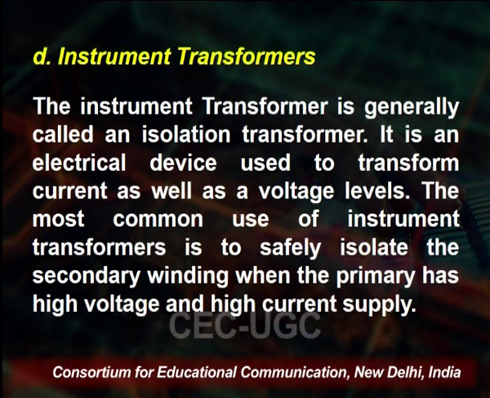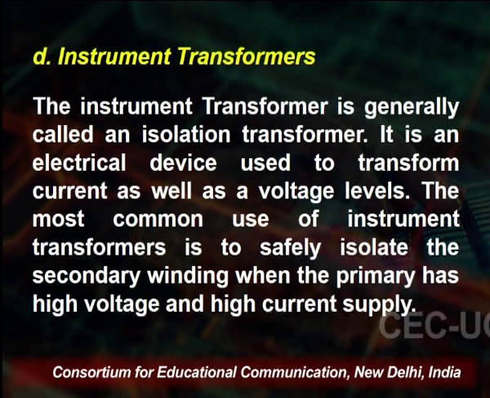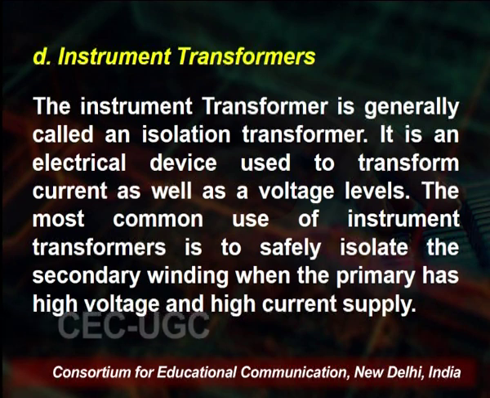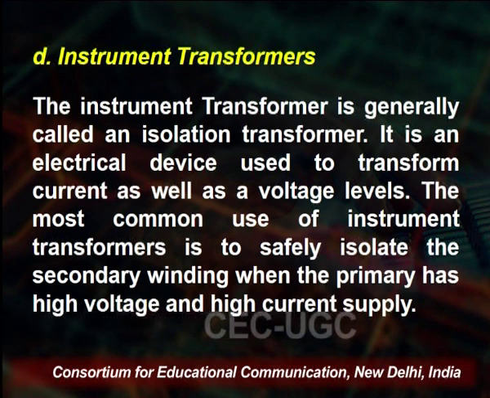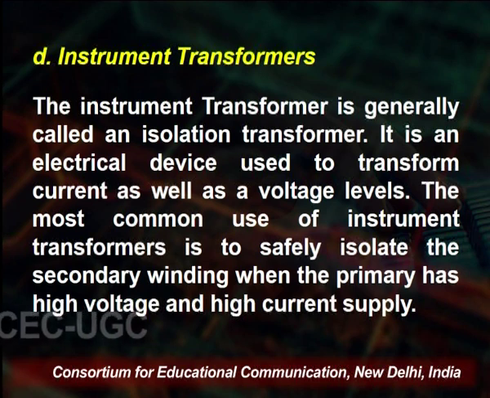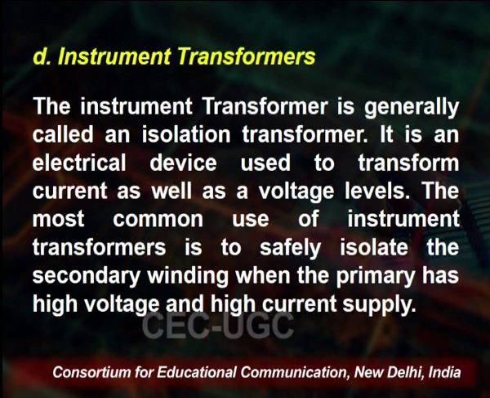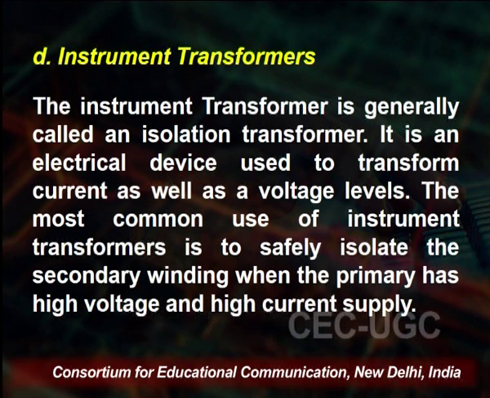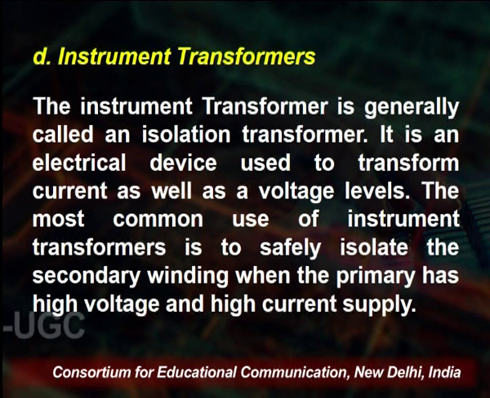Another is the instrument transformer, which is also generally called the isolation transformer, and it is an electrical device used to transform the current as well as the voltage level. The most common use of the instrument transformer is safety: to isolate the secondary winding when the primary has a high voltage or high current supply.